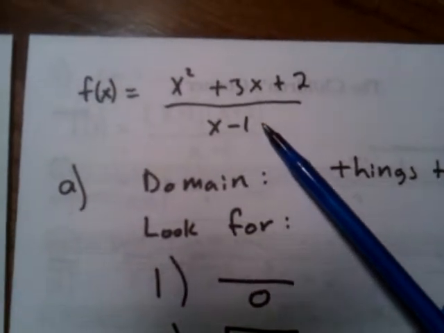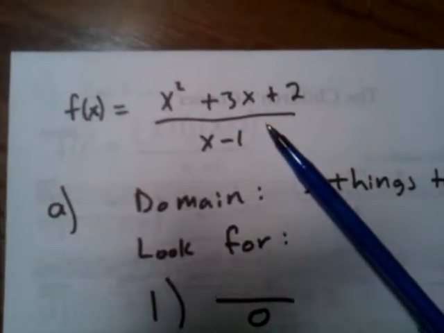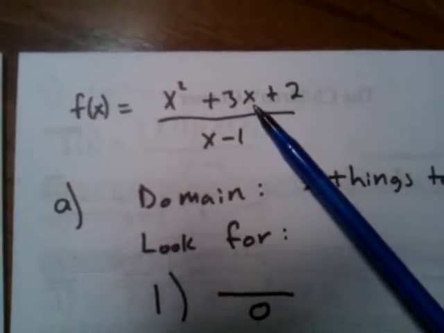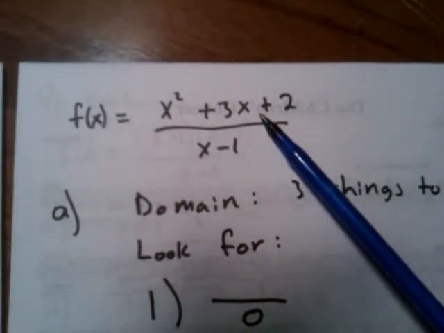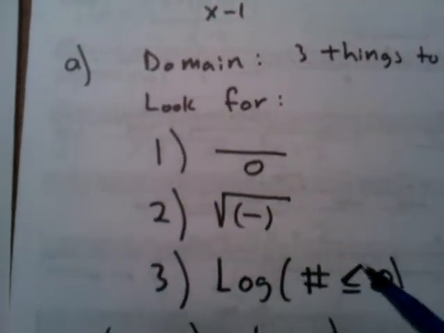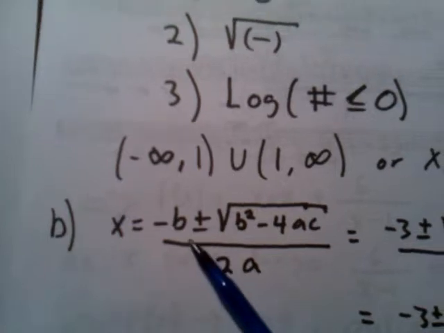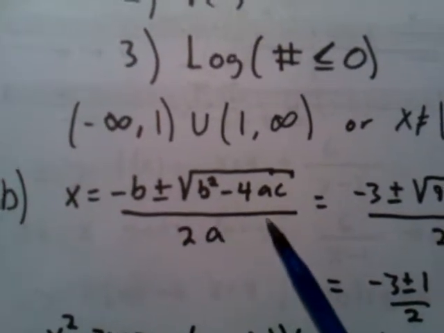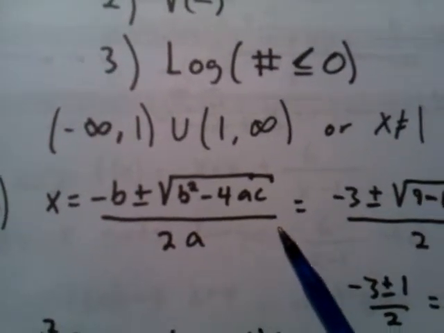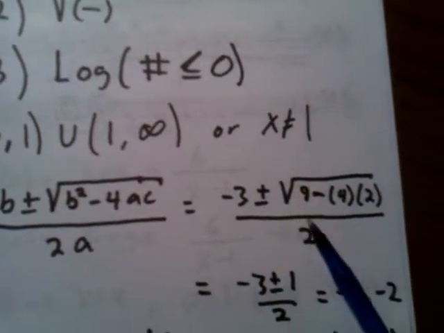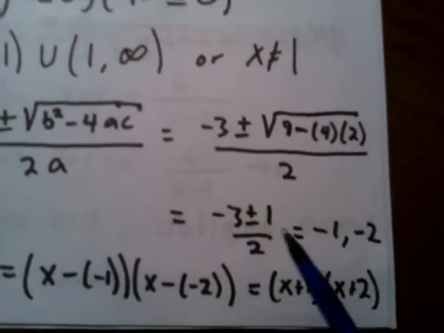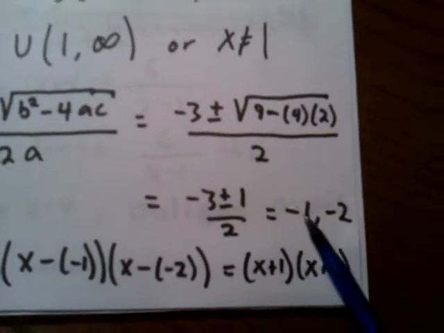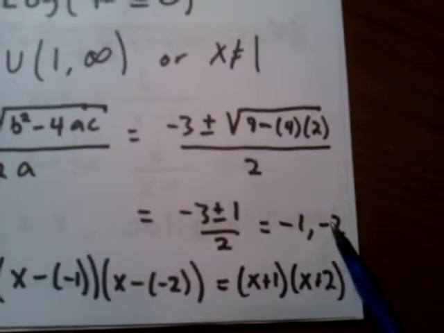If you're like me, I'm really bad at seeing quadratics and knowing what they factor to. So I always use the quadratic equation, which is right here. In this case, it works out to be this, and that gives us these 2 values for x.